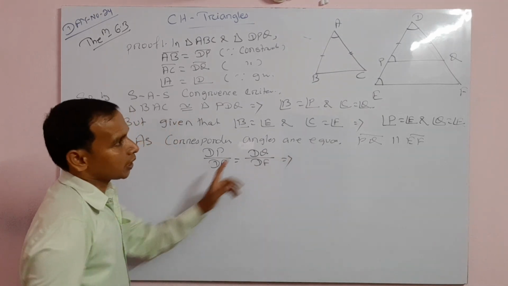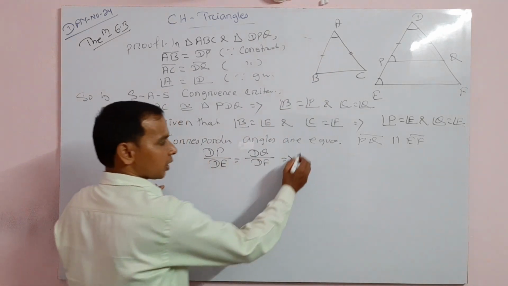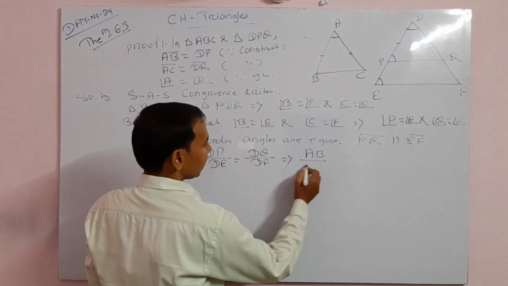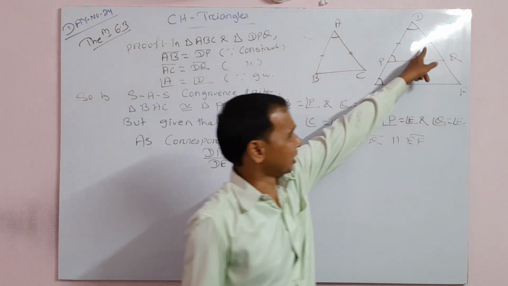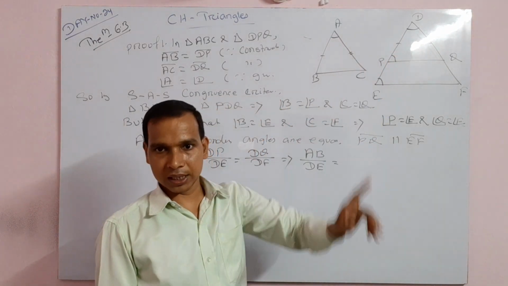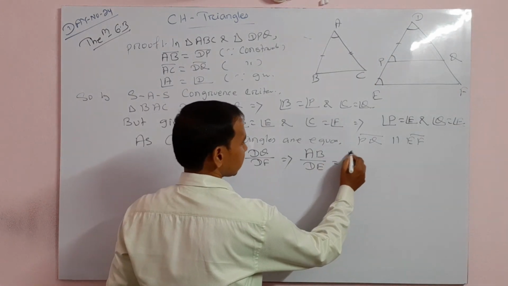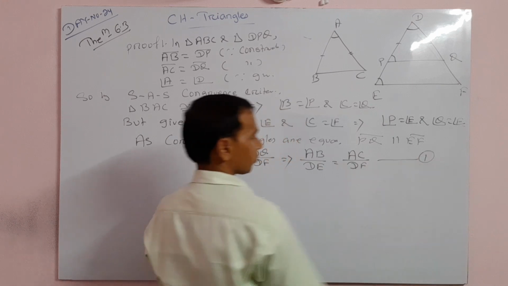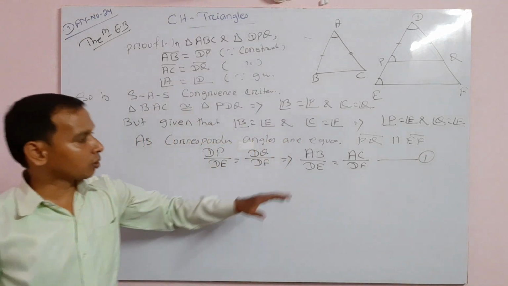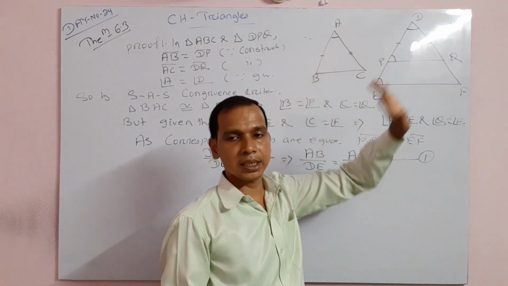DP is equal with AB, so in place of DP you write here AB by DE is equal with DQ, which is also equal with AC, so you write here AC by DF, this equation. Okay, you get here AB by DE equal to AC by DF.